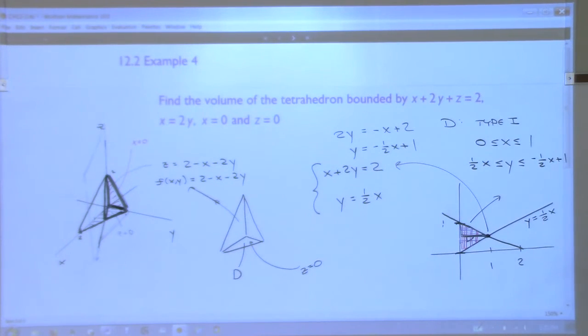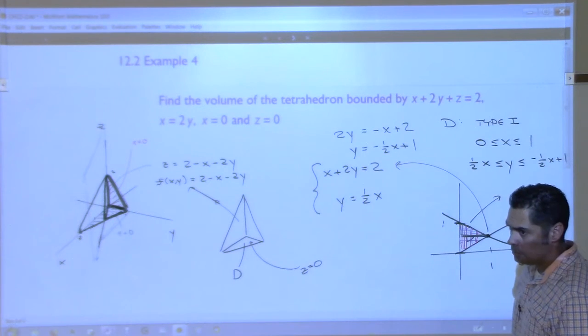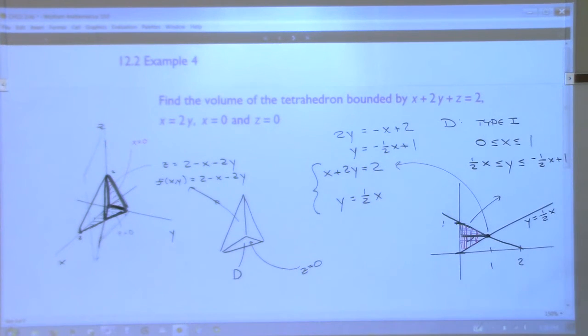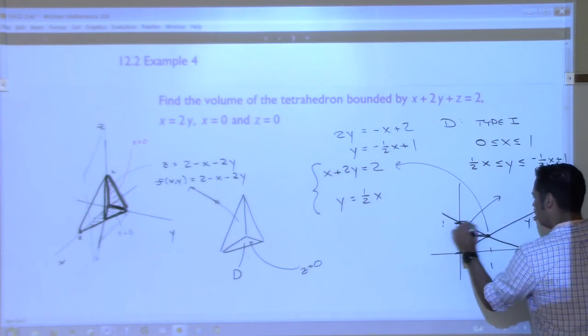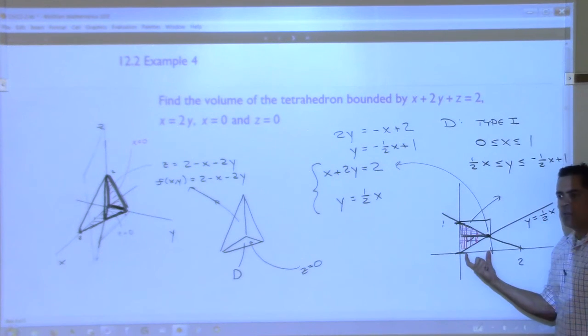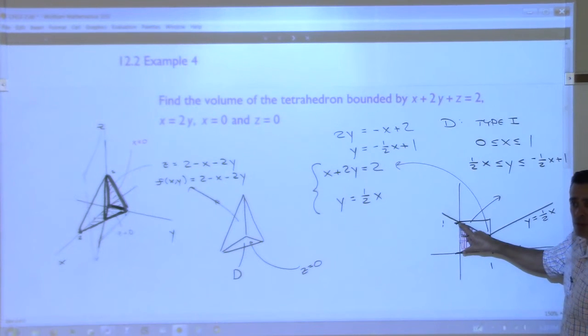Are y'all following this? I know there's a lot of geometry happening here, a lot of visualization. Are there any questions? Yes? Can you explain one more time, I understand that the x were between two constants, but then how come you know that the y would be between two constants? Because this region is not a rectangle. If this was a rectangle, then your x goes between 0 and 1, and your y goes between 0 and 1 also.